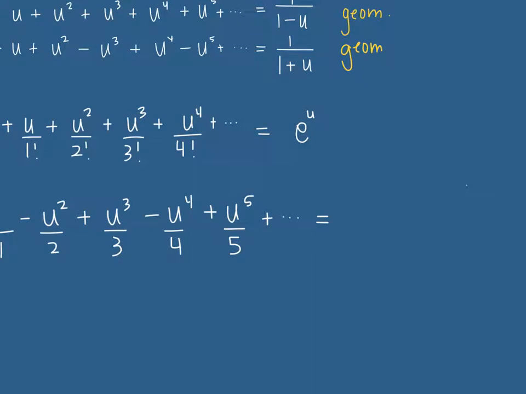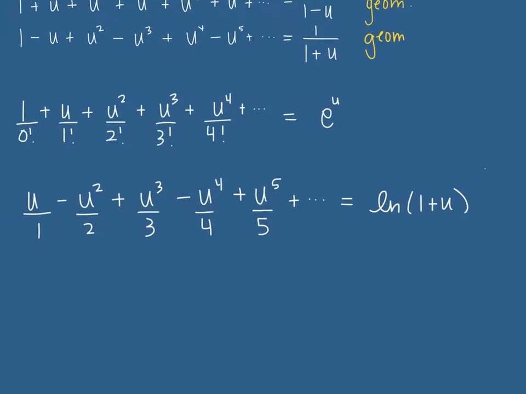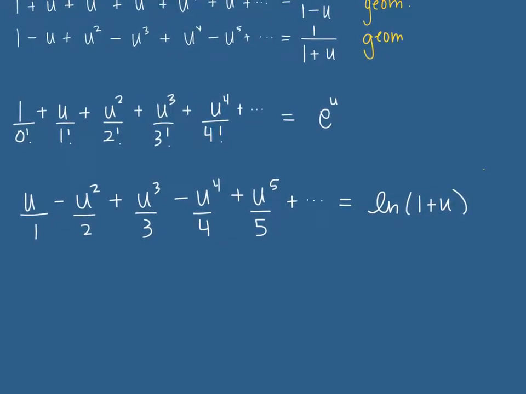That one comes from the natural log function. So we have one of them that generates an exponential function, and one of them that generates a natural log function.